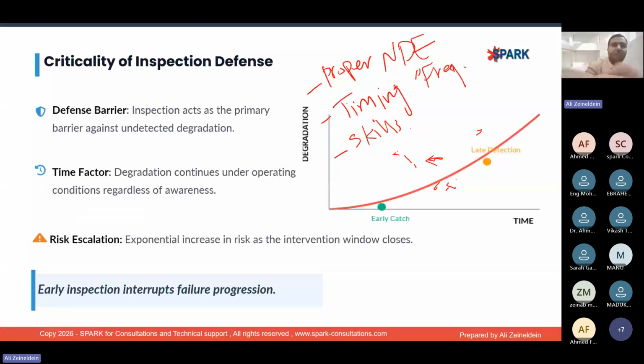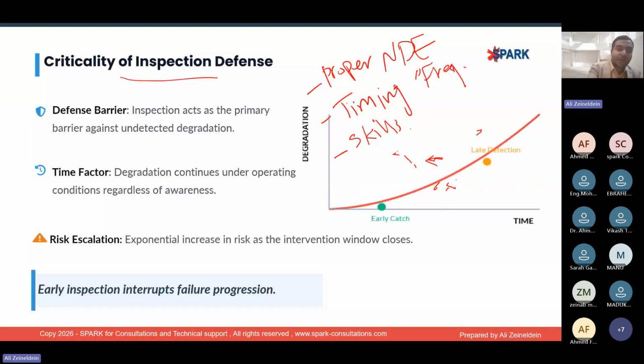So in case of inspection, applying the inspection well, an effective inspection by these conditions, at that time the inspection will be considered as a defense barrier, avoiding or catching the small defects and taking the necessary action after doing assessment, meaning some re-rating or some temporary repairs, or otherwise we are forced to do an emergency shutdown to restore the equipment integrity again in a safe manner.